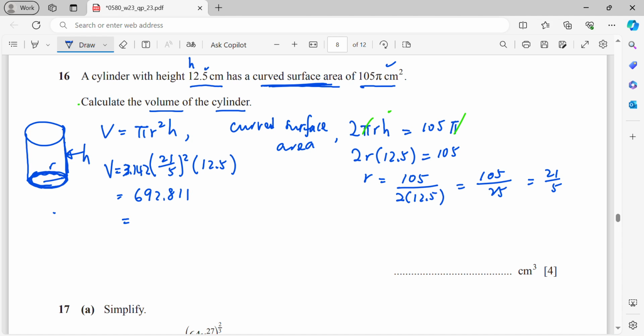Now I have to round my answer correct to 3 significant figures. By looking at the 8, which is our fourth significant figure, since it is 5 and above, you round up the 2. So it becomes 693. That is your volume of the cylinder.